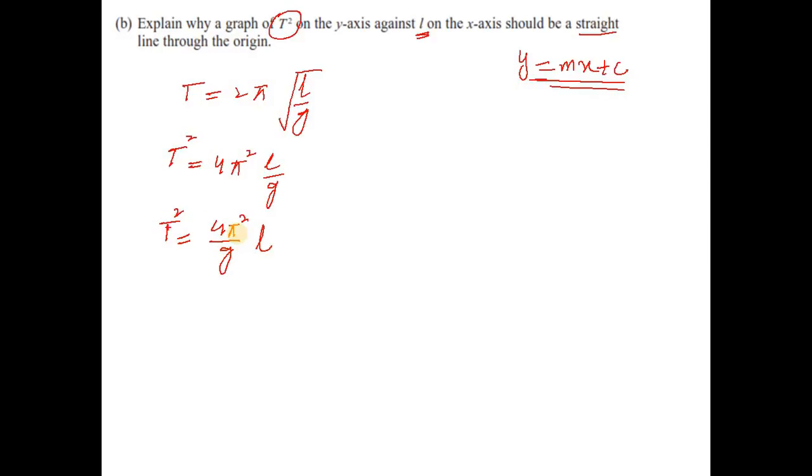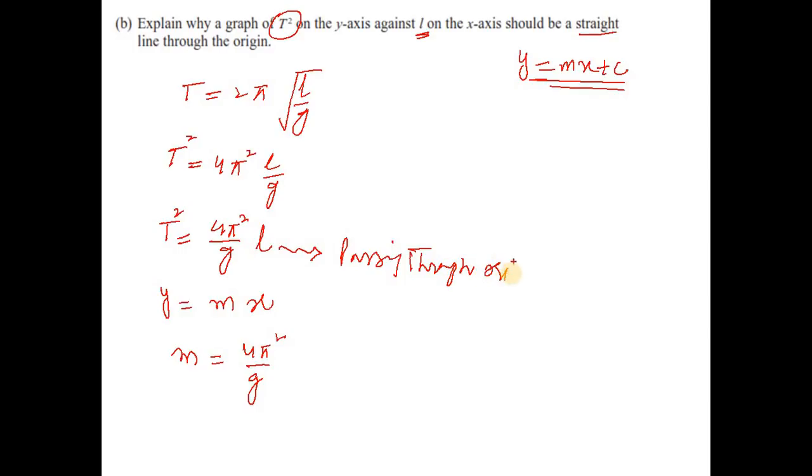So you can see that we can compare this equation with y equal to mx, which is a straight line passing through the origin with gradient m equal to 4 pi square upon g. So you can say that this is a line passing through the origin, with gradient m equal to 4 pi square over g.